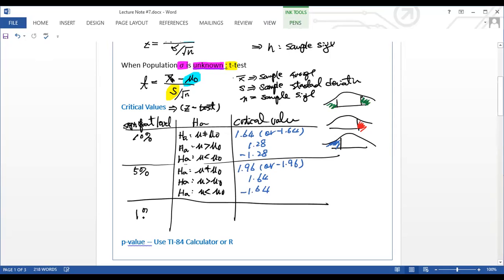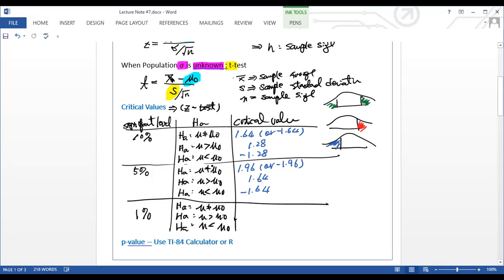If this is 1% here, right? And then let's see here. This is HA, mu is not equal to mu 0, and mu greater than mu 0, and HA, mu is less than mu 0 here. All right.